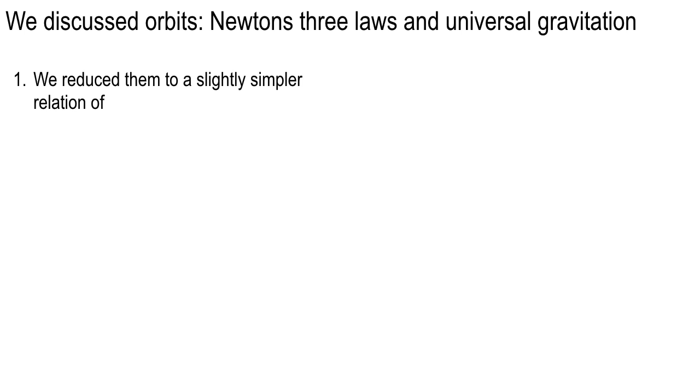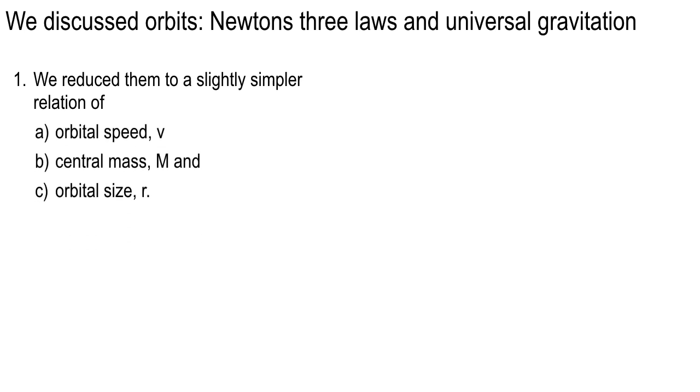We had a single equation that allowed us to connect orbital speed and central mass, in other words, the mass of the planet, and the orbital size. And here's the equation, GM over r equals v squared. Now, that's not a force equation because it's GM over r. It's not an energy equation because it's GM over r.